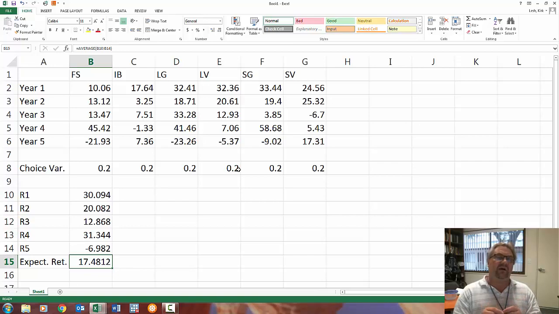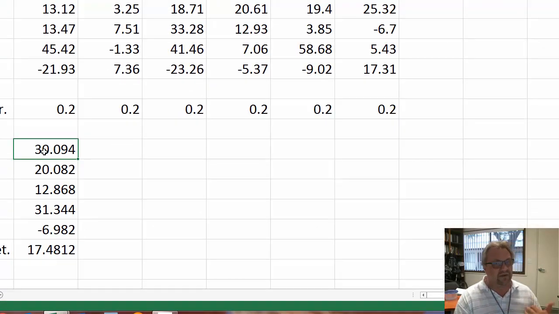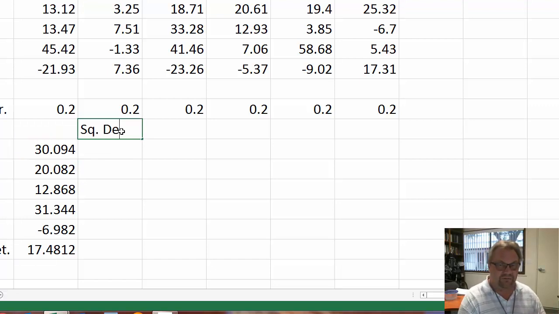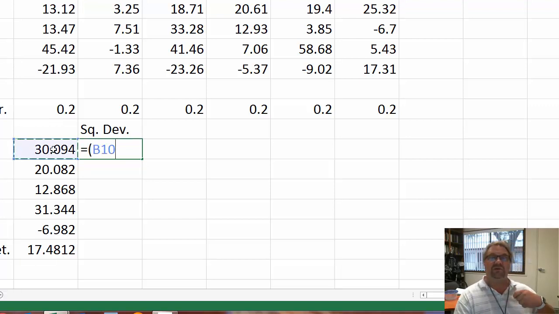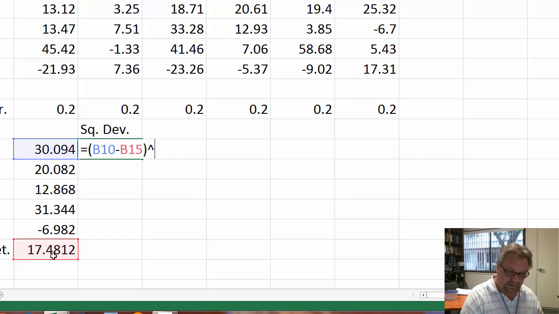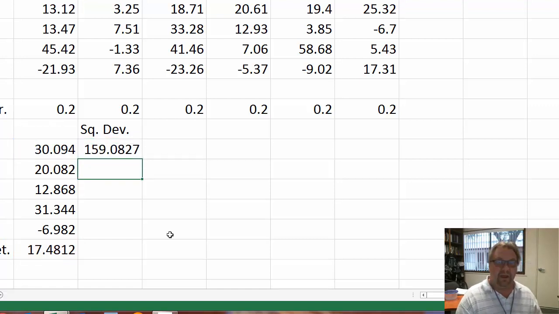Now I need to calculate my standard deviation, right? So again, the same thing is going to apply. I need a column of squared deviations, right? So here would be the return from scenario 1 minus my expected return, and then I square that, okay?